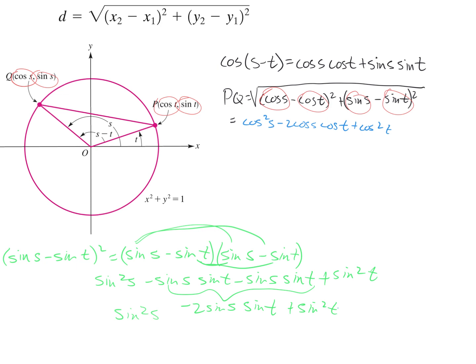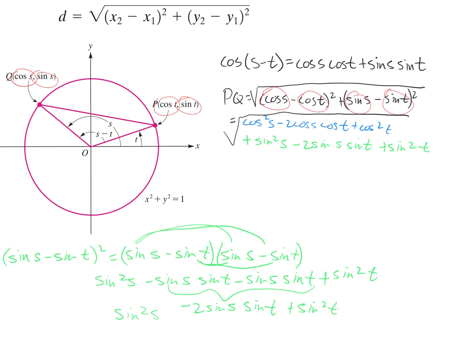So I'll have to add on here sine squared s minus 2 sine s sine t plus sine squared t. And all of this has the square root underneath it. That's a lot going on there.